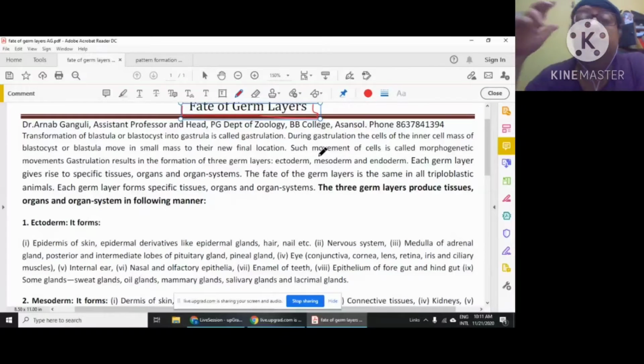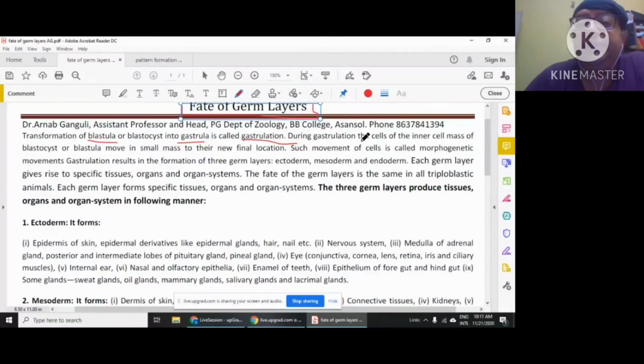So these are the germ layers. The blastula gets transformed into the gastrula, and that process is known as gastrulation.